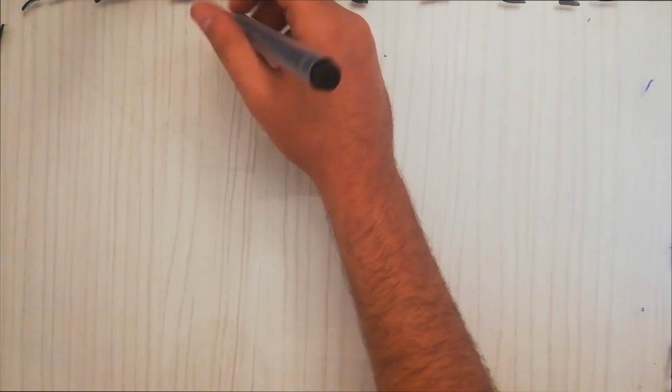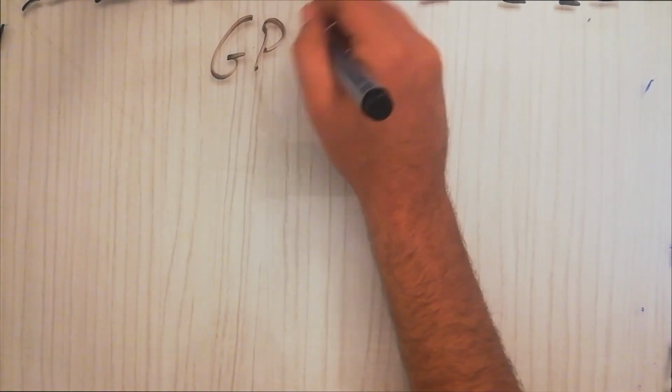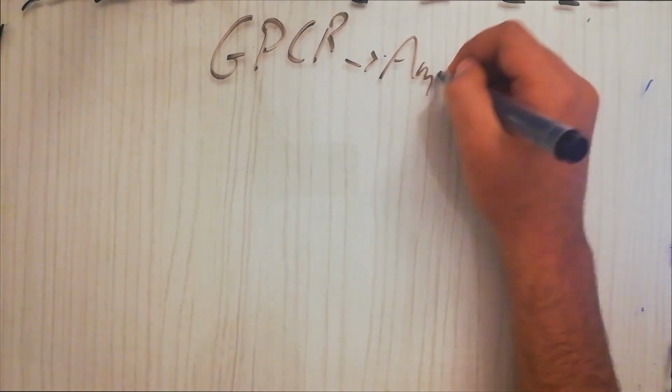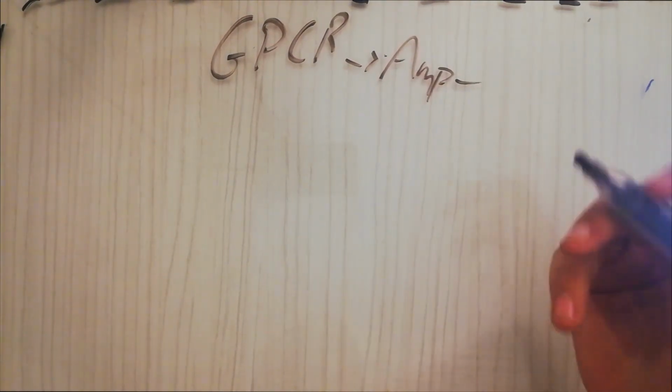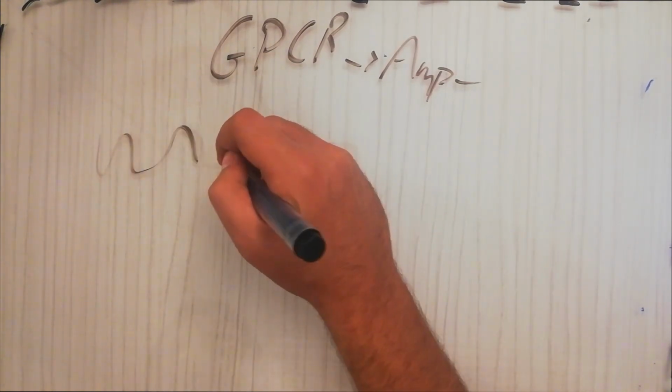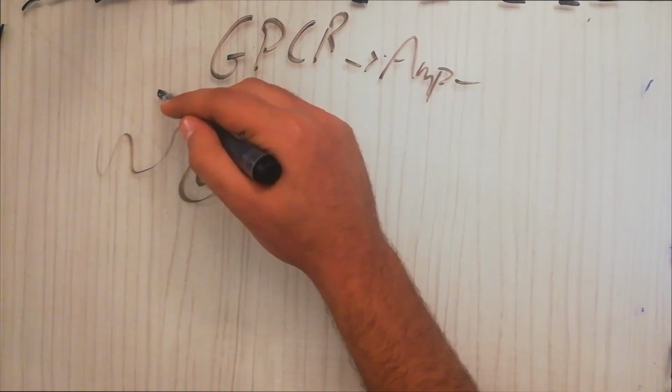One interesting feature of G protein coupled receptors is their capability of amplifying whatever signals come through them. So let's say, for instance, you stimulate one G protein coupled receptor with a single ligand. So you have one activated receptor.